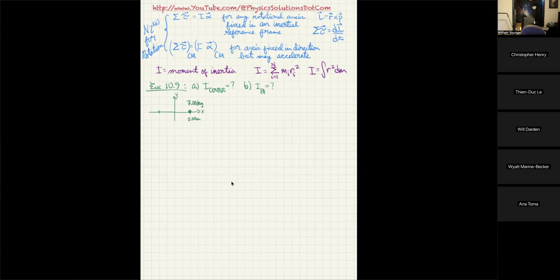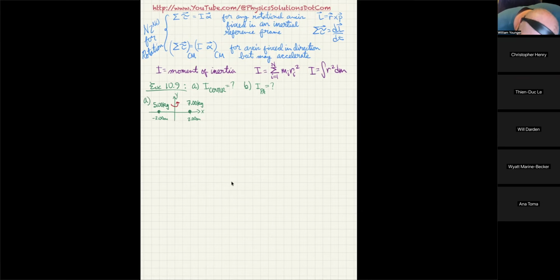And then right here at negative 2.00 meters, I have a mass of 5.00 kilograms. And my rotation axis is this one right here in the center. Okay, so that's part A.